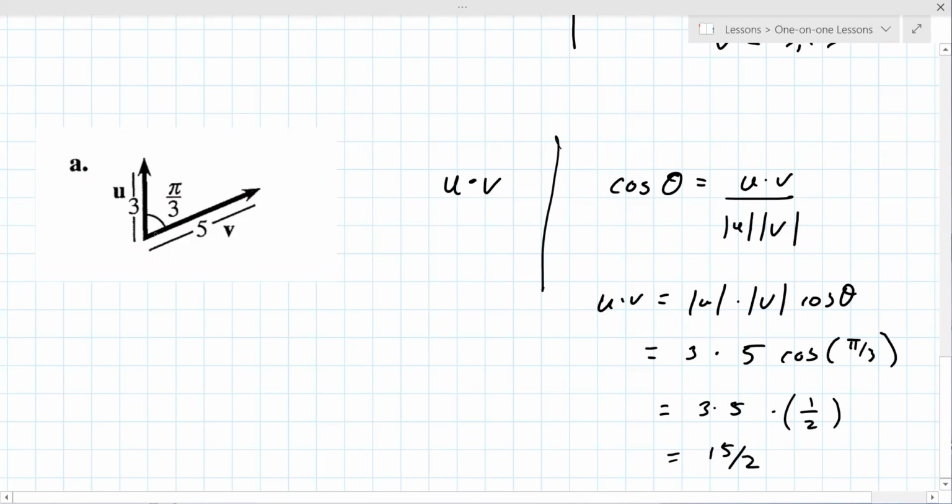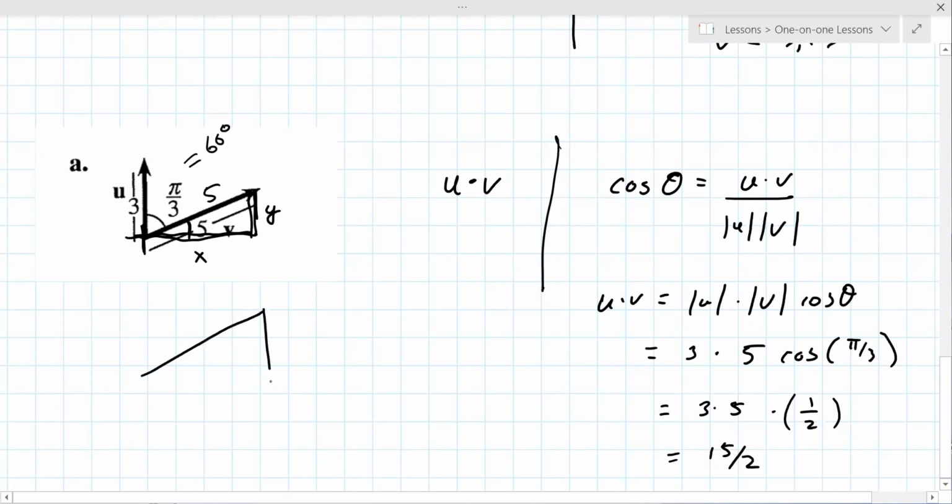The more challenging way is to actually convert these into XY pairs and then do the dot product that way, which I don't recommend, but that's probably how most students would do it. Like this one on the lower right has an X and a Y value. The hypotenuse is 5, and if this angle is pi over 3, which is 60 degrees, that means this one is 30 degrees.